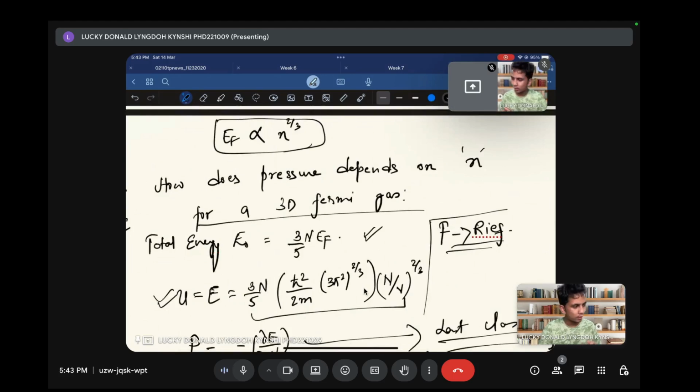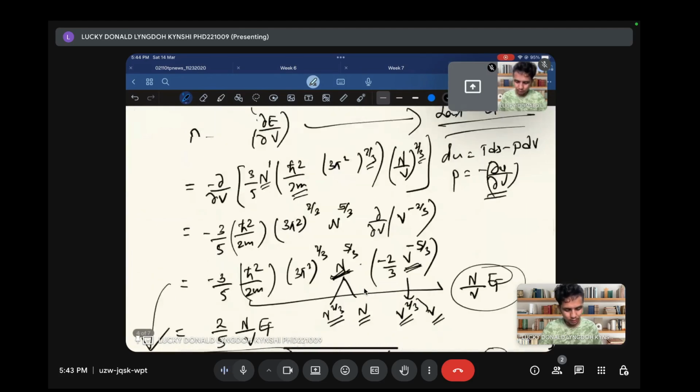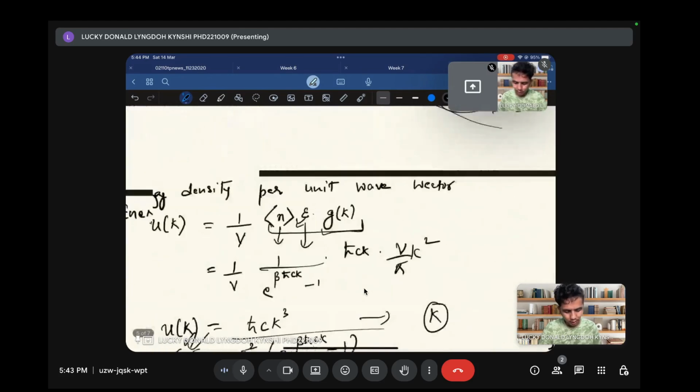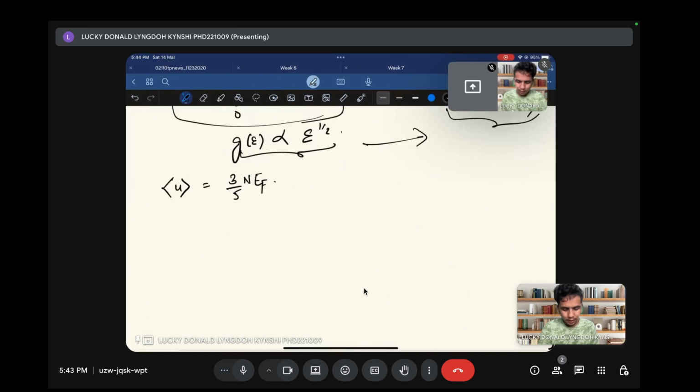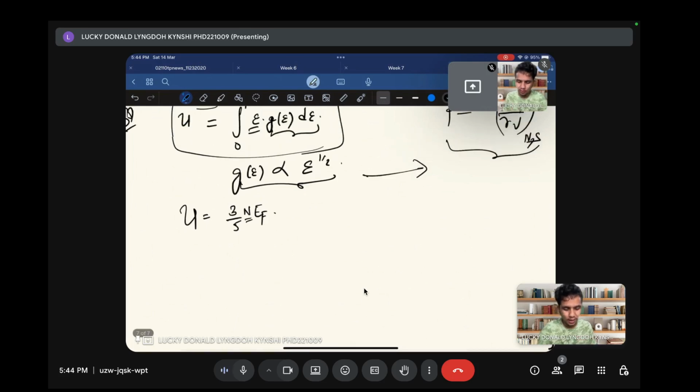Your energy is 3 by 5 N EF. Remember it is the total energy, so the N here was wrong; this should be simply U, the total energy, which is in fact 3 by 5 N EF.